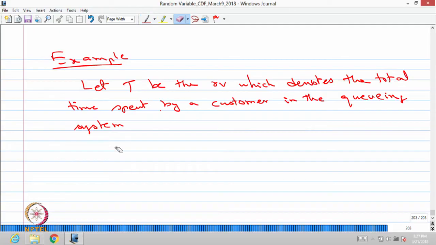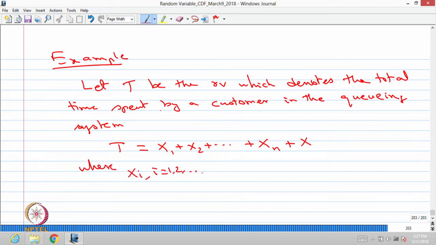That means I am going to represent this capital T as a random sum in the form of x1 plus x2 and so on plus xn plus capital X, where each xi, i from 1 to n, is the random variable denoting the service time for the ith customer, and I make the assumption that the service time follows an exponential distribution with the parameter mu.